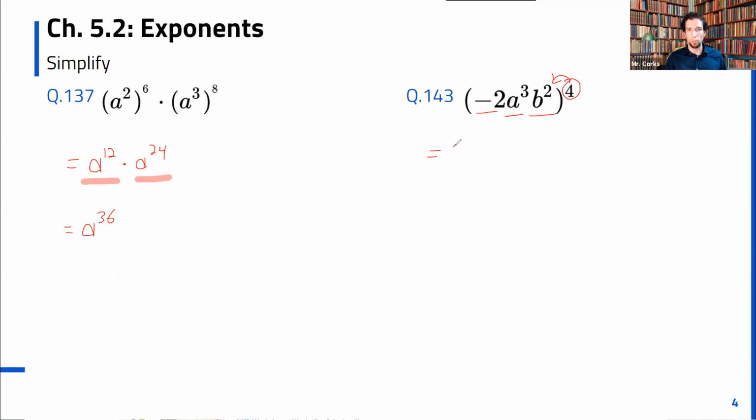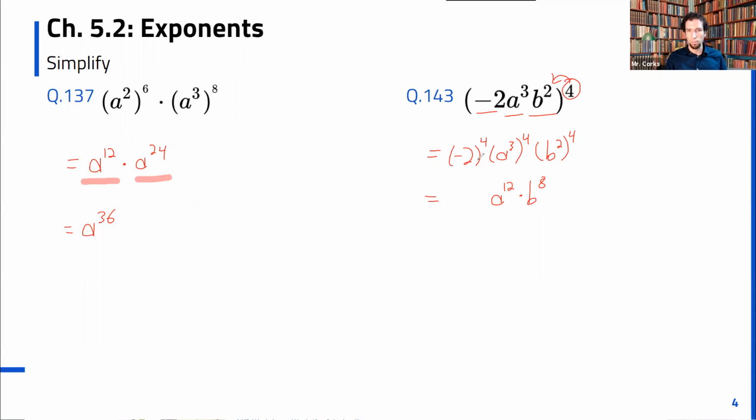We'll have -2 to the exponent 4, a cubed to the exponent 4, and then all that also times b squared to the exponent 4. Each of these will use the exponent rule from the other side. So that's a to the exponent 12 times b to the exponent 8.